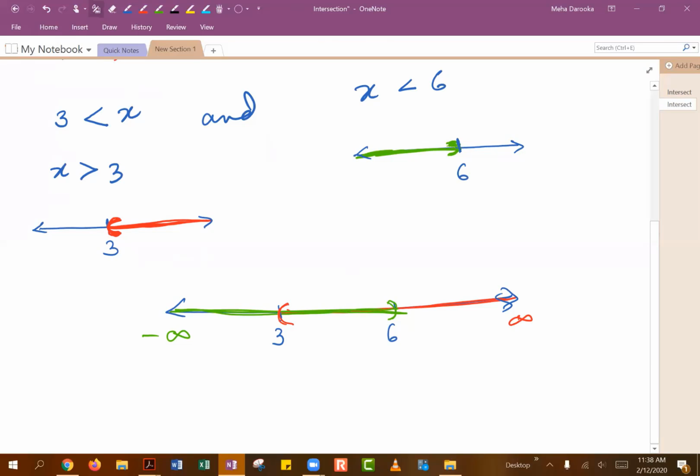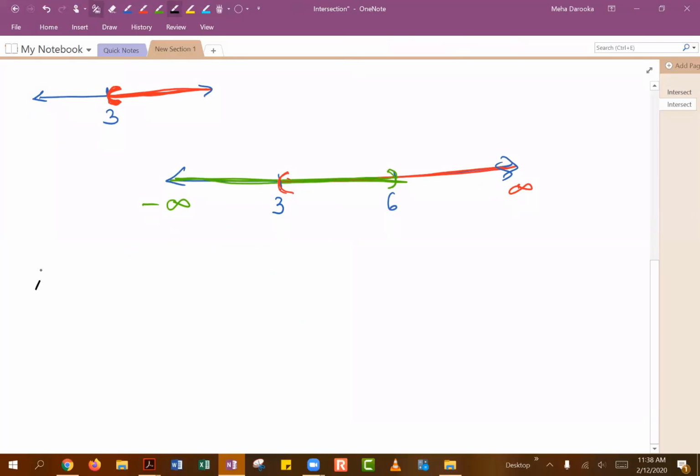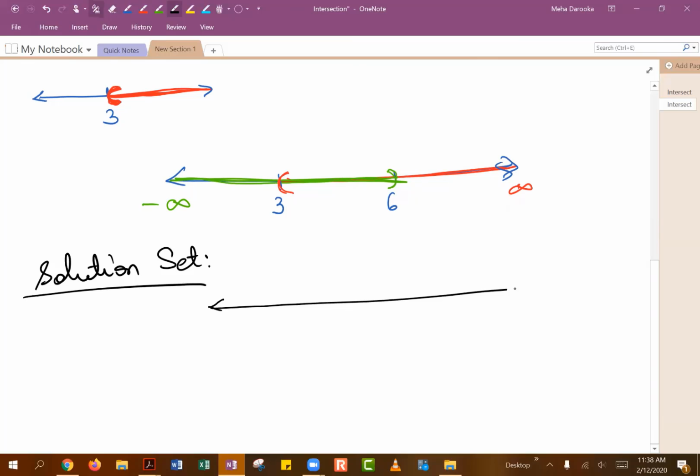So when you actually write your solution set graphically, it's going to be between 3 and 6 only, and none of those numbers were being included, so parentheses on both ends, and it's just going to be that middle part between 3 and 6.